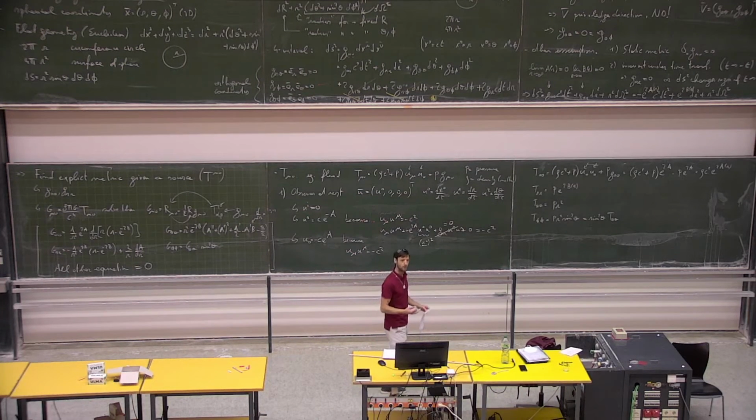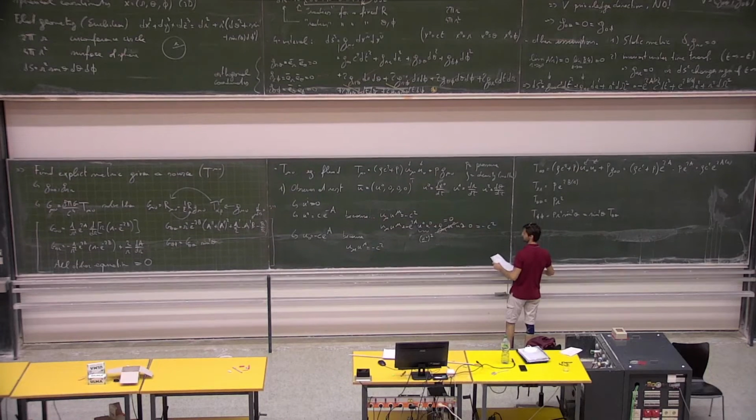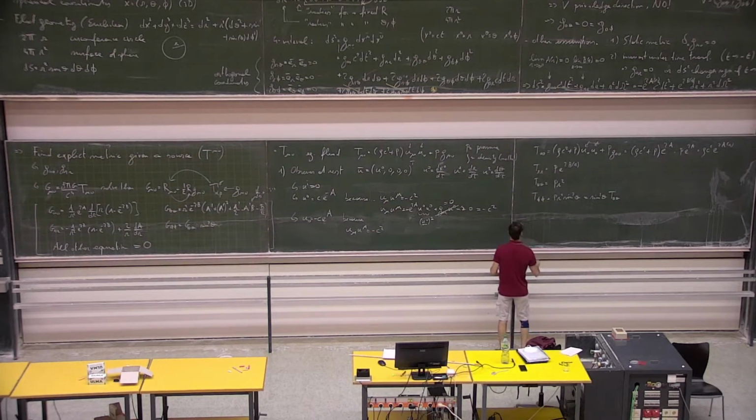Now we have everything. Now we have G for the relevant parts of the equations that are non-vanishing. And we can just explicitly compute our Einstein's field equations. Okay? And this we will do during the next lecture.